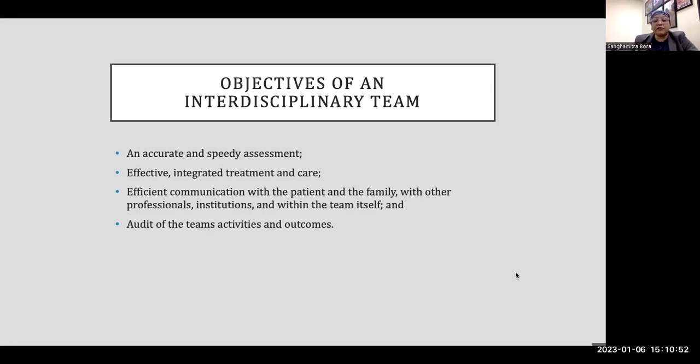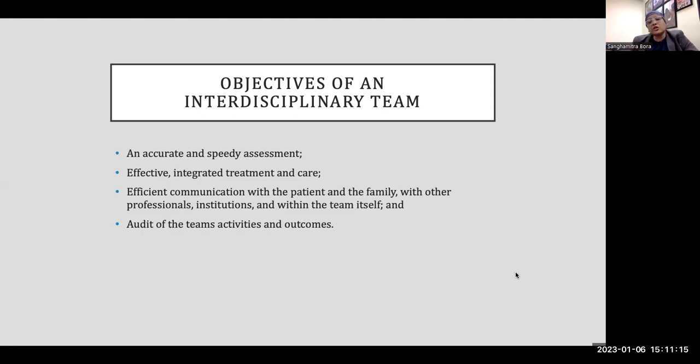communicating efficiently with the patient and the family and with other professionals, institutions, and within the team itself. So you need to communicate effectively, not only with the patient and the family, but also with other professionals who can contribute to the care or treatment of that particular patient.